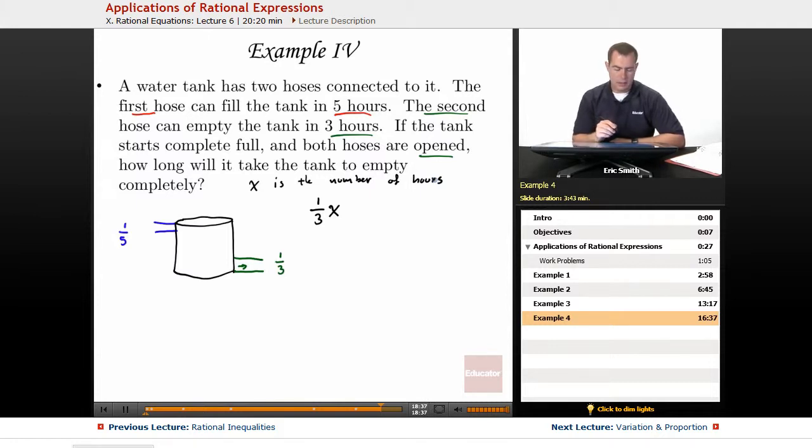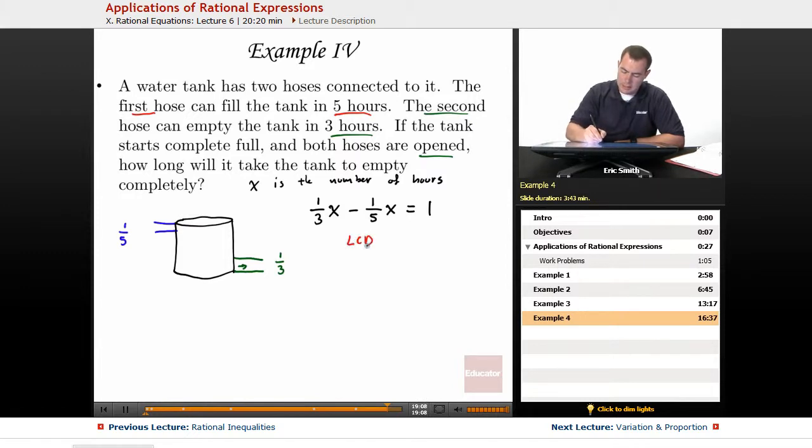Now, the 1/5 coming in is not emptying the tank, it's actually filling it back up. So we'll say it's the opposite of emptying the tank by 1/5, and it'll do that for every hour. What we want to know is when will one tank be completely empty. So we have a lot of similar components for this one, and it looks an awful lot like one of our work problems. Alright, now all we have to do is go ahead and solve it.